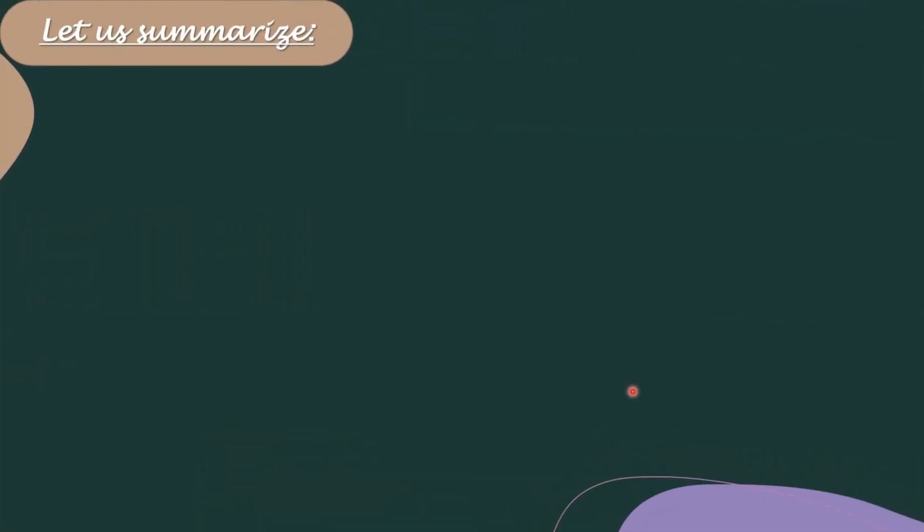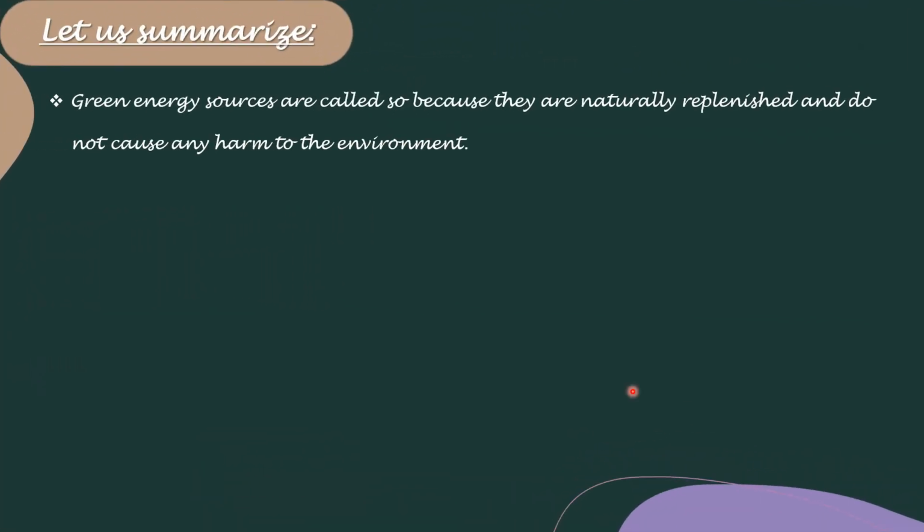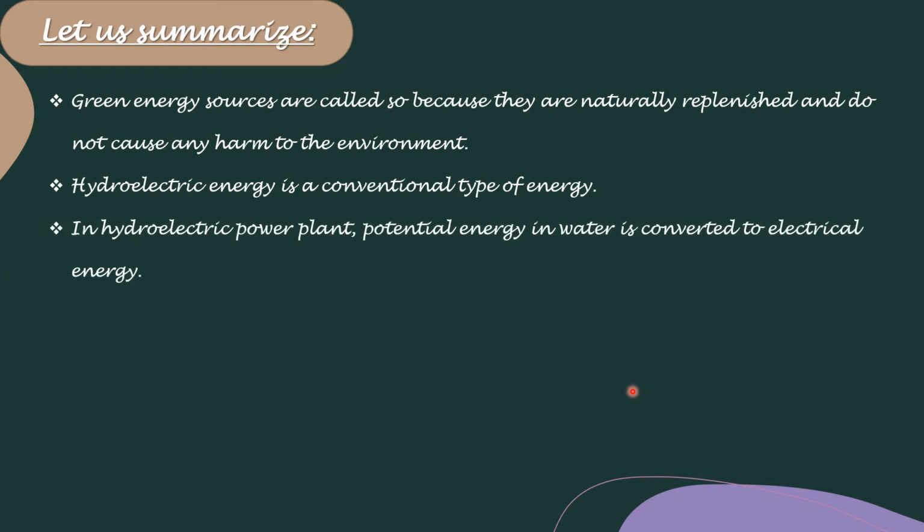Then the green energy sources are called so because they are naturally replenished and do not cause any harm to the environment. Then hydroelectric energy is a conventional type of energy. In hydroelectric power plant, potential energy in water is converted to electrical energy.